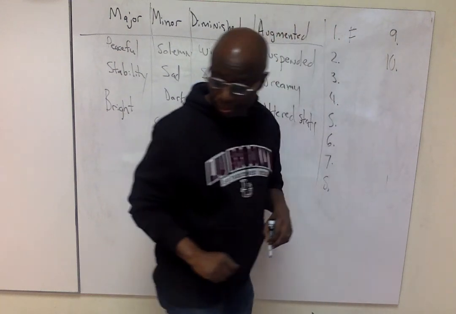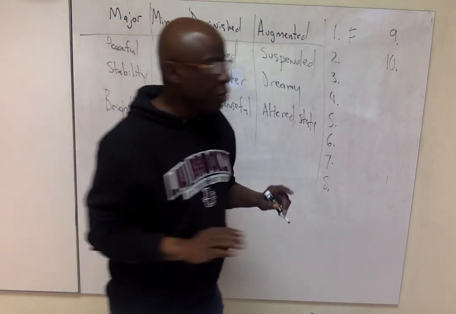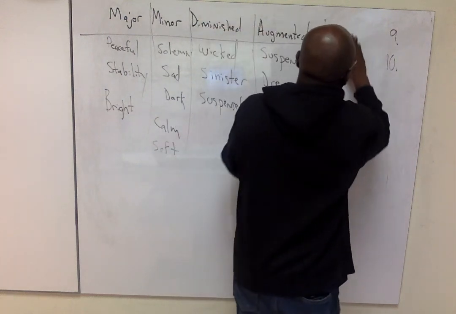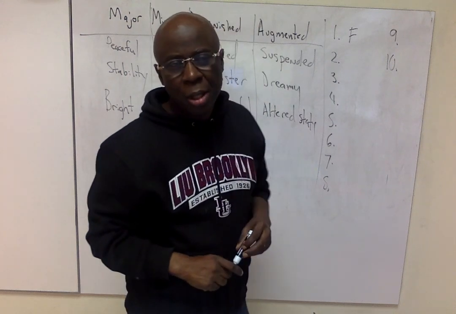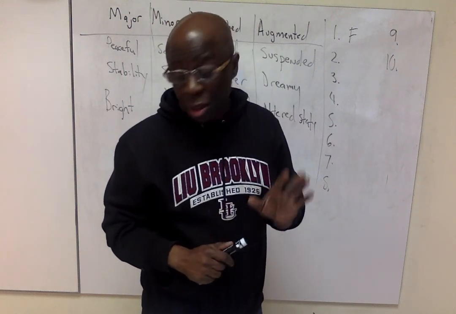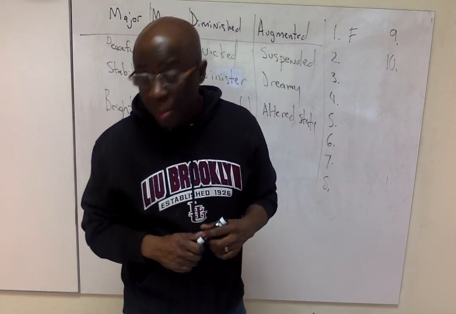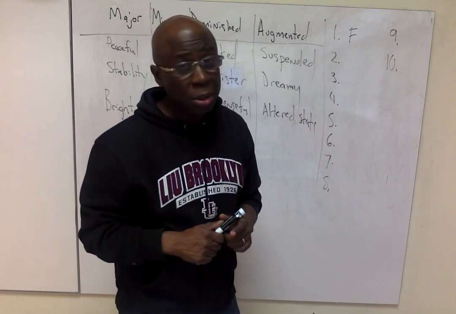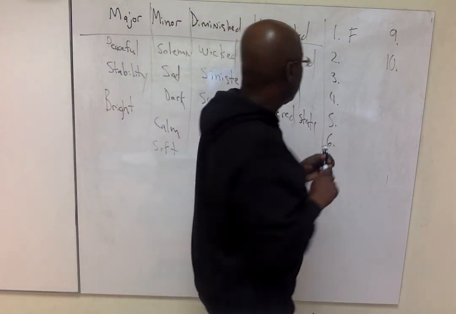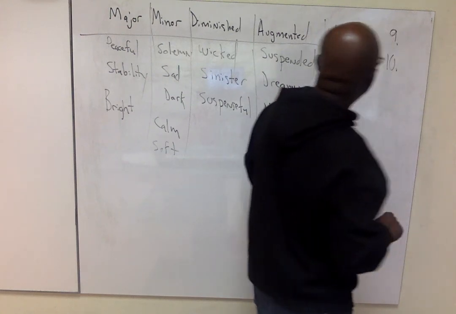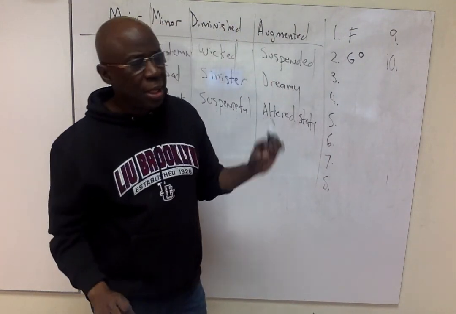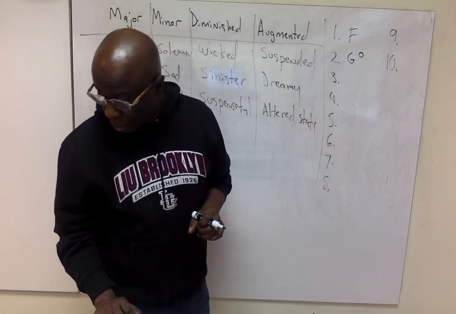I'm just going to put the symbol, because I think we were talking about using symbols, so we need to get used to those as well. Number two, that was G diminished. Remember, the diminished sign is the small circle.